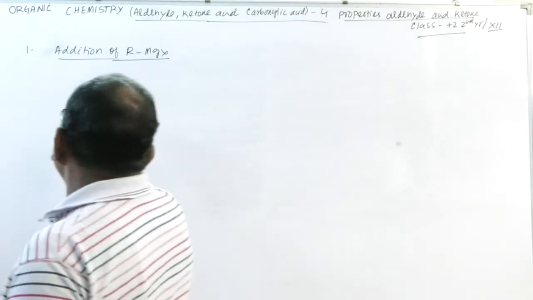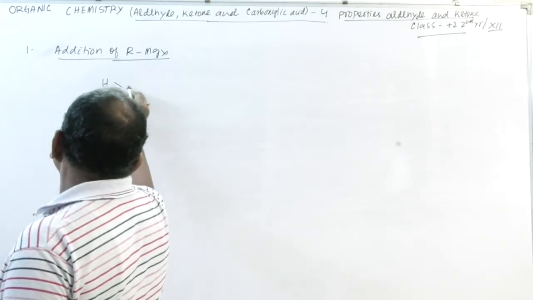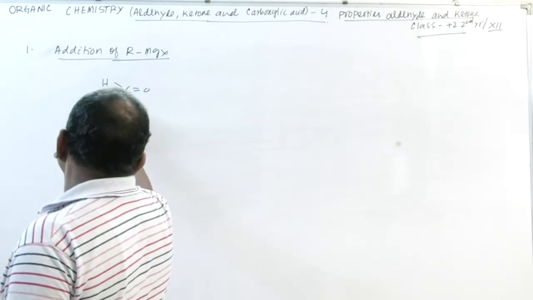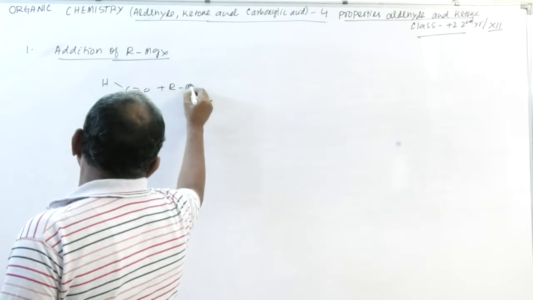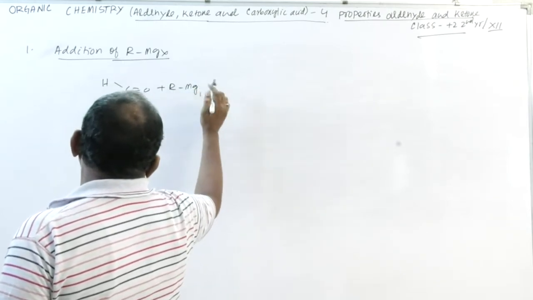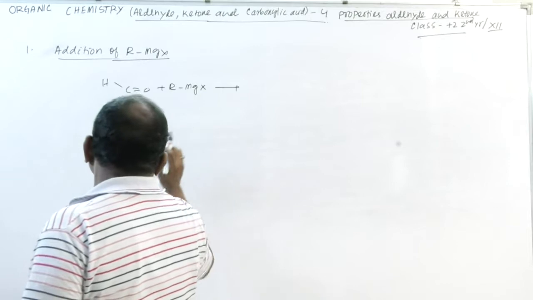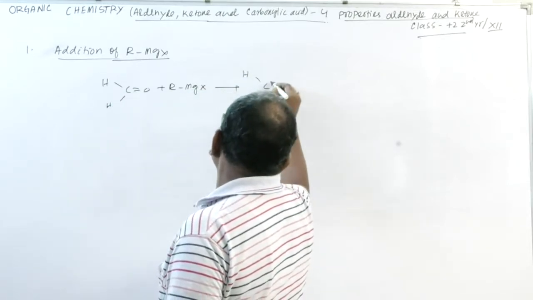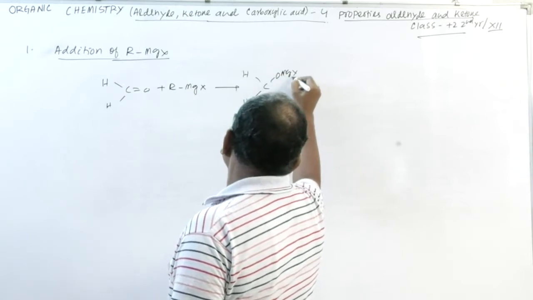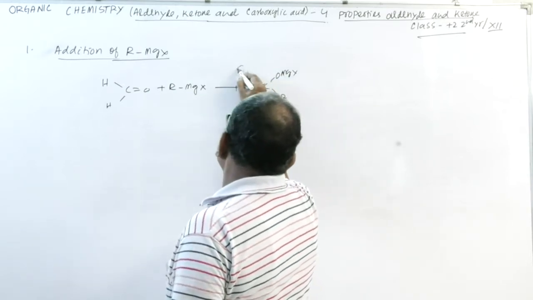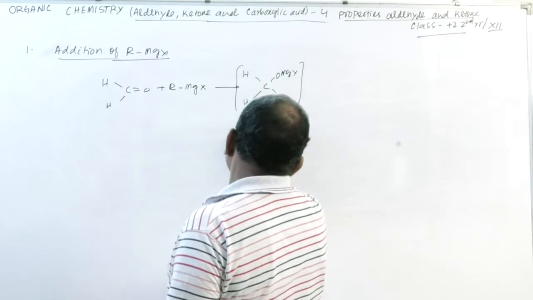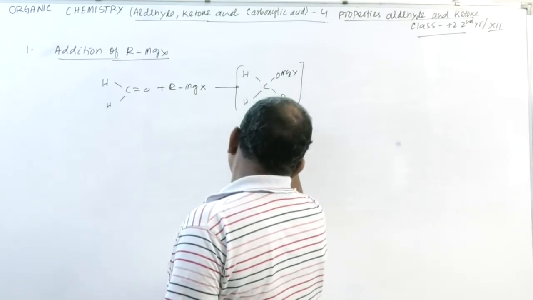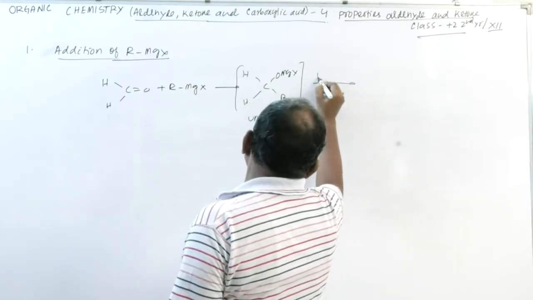When you take formaldehyde and react with Grignard reagent, it forms an addition compound, OMgXR. This is unstable, and this is on hydrolysis.